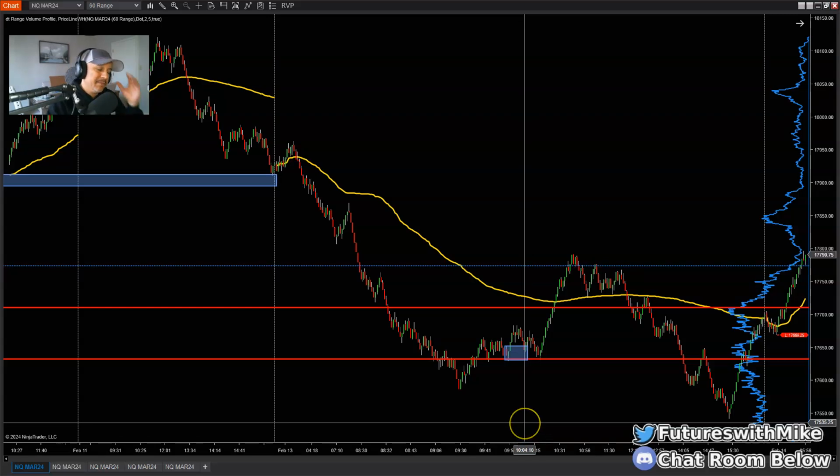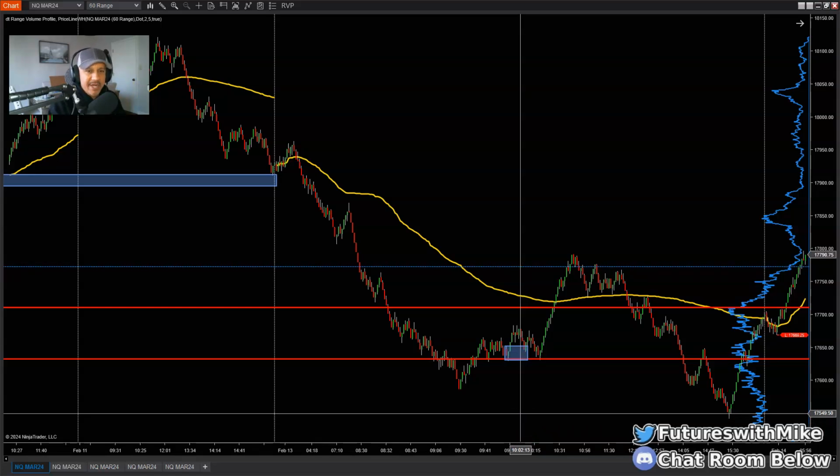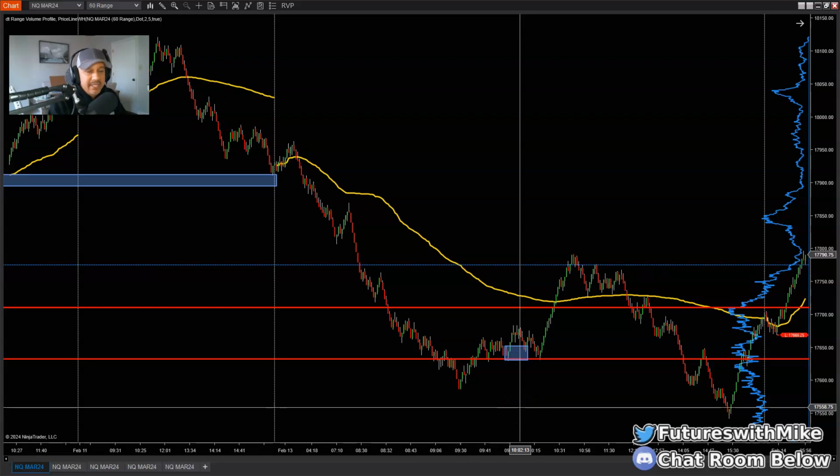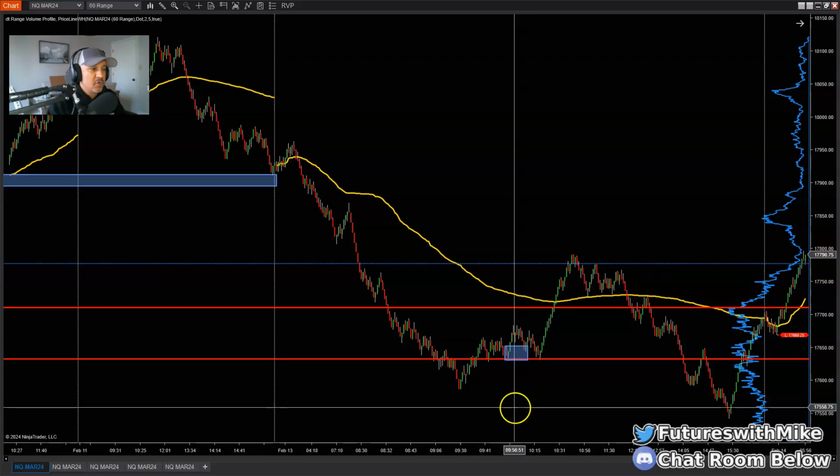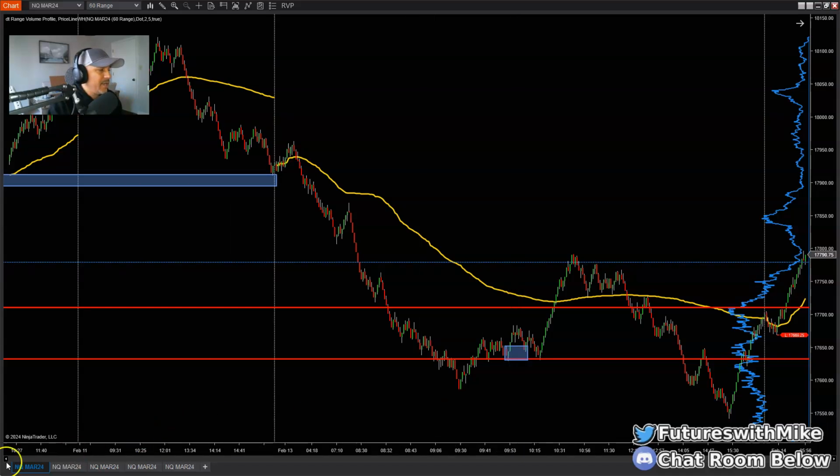But I'm going to stress this: you have to be keen on following price action when the market gets back to the zone. What does price action look like when you get back to the zone? Is there room to take a trade either long or short? That's the thing about trading, smart money coupled with price action.